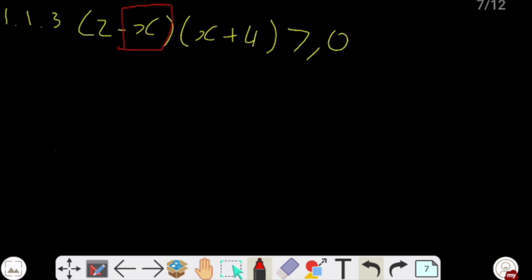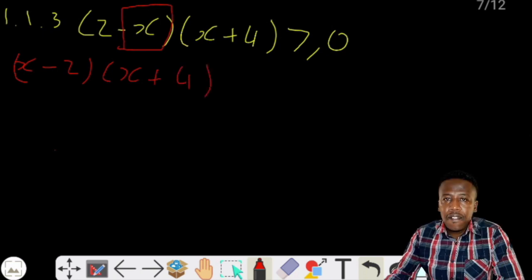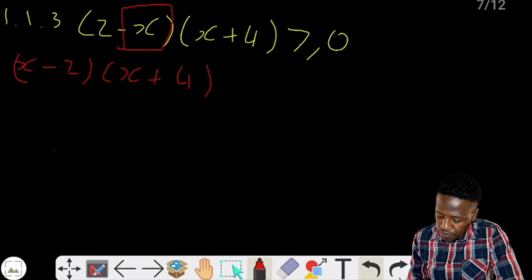Meaning we will be left with x minus 2, bracket x plus 4. Now if you divide by a negative sign over an inequality, what happens? The sign of the inequality changes, right? Meaning now we are going to have less or equal to 0.